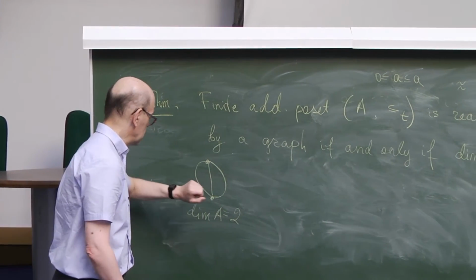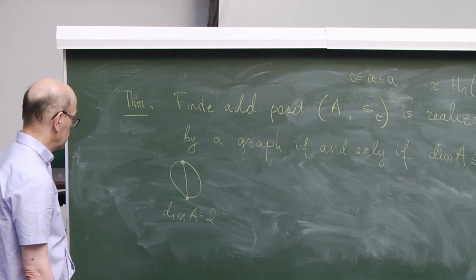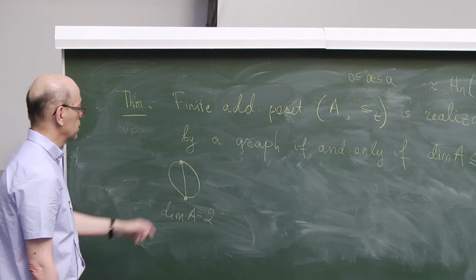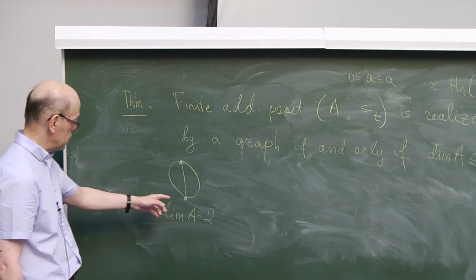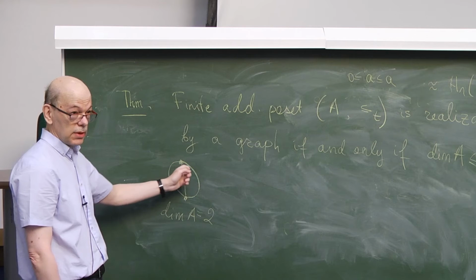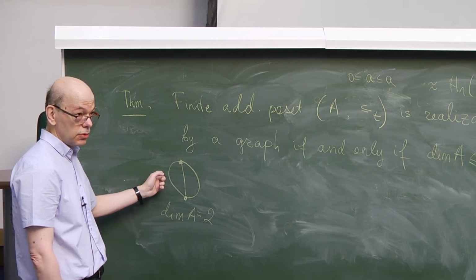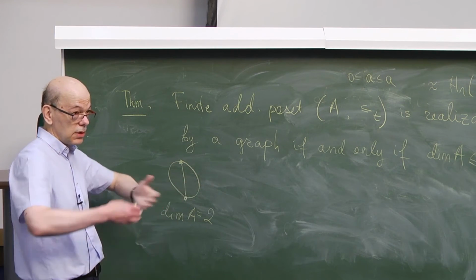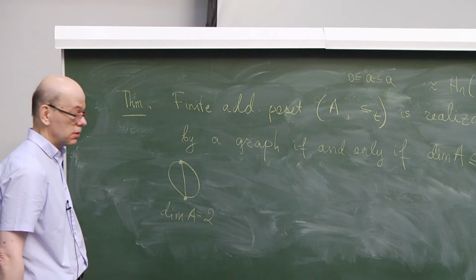So this graph realizes it. If you look at the additive poset of this graph, it has a trivial order. All non-zero elements are atoms, so there are no relations between different elements.